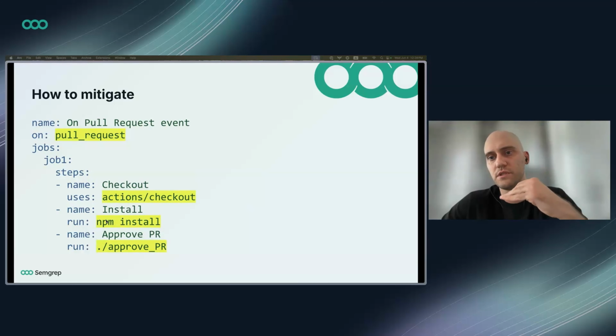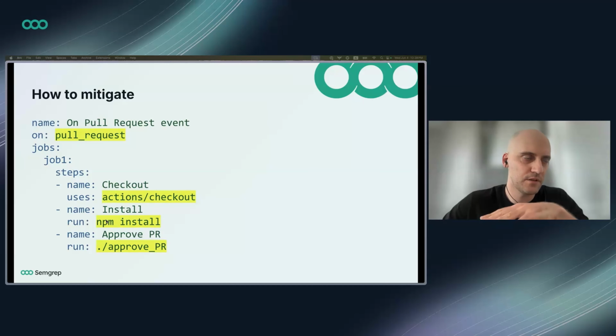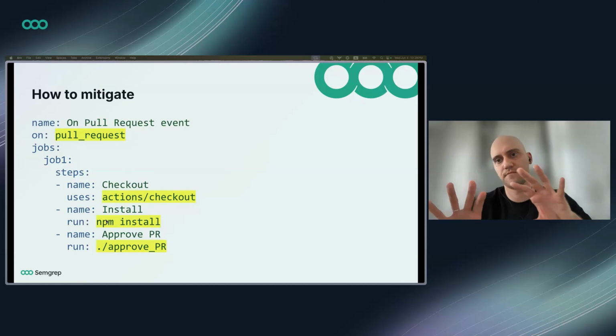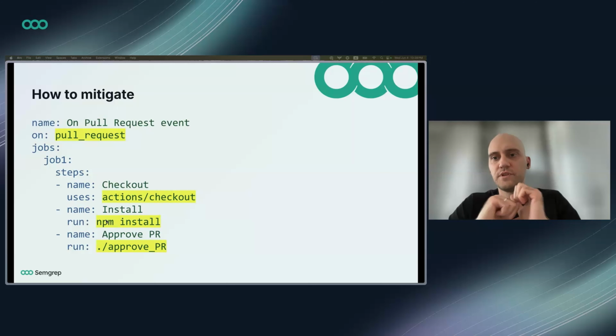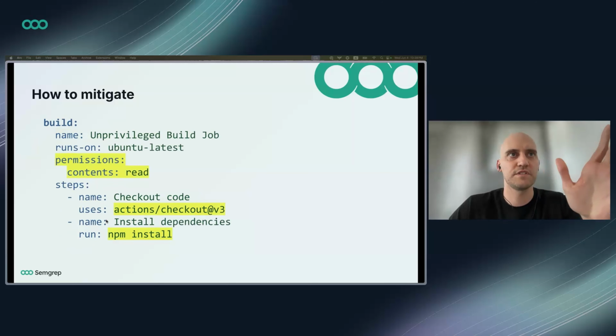What we would do in this case, we separate the steps into two different jobs. We want all the activities on code that can execute third-party code to be run in the job that has only read-only permissions. For example, here we move it to the job we call build.